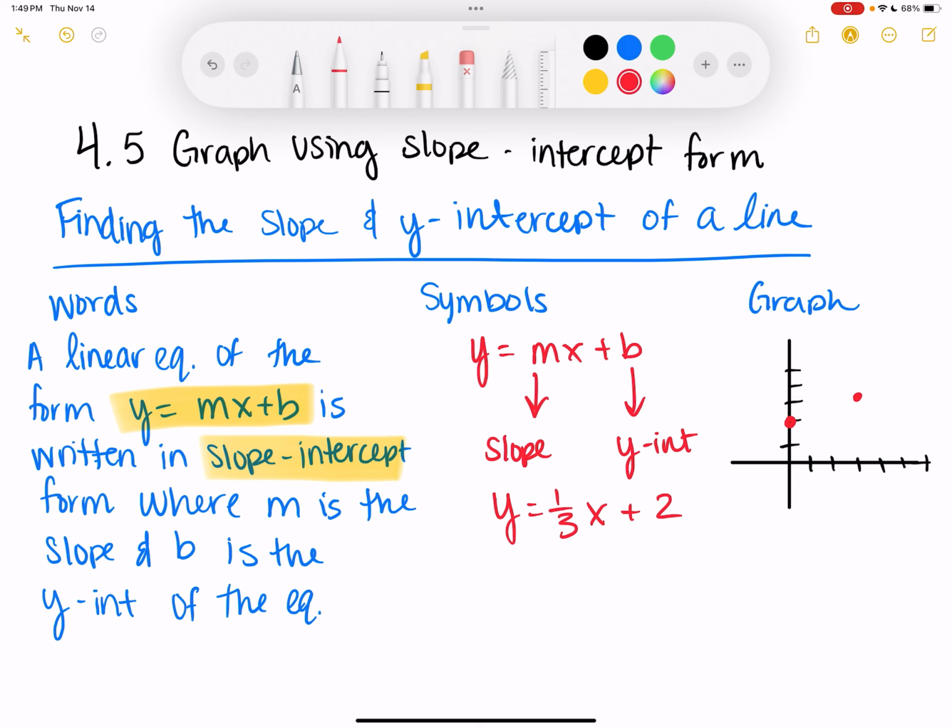I could go up 1 more and then right 1, 2, 3. And obviously without the graph lines, it's not perfect. But then I have my 3 points to be able to graph my line. So this went, just for a visual, up 1, and then right 3.